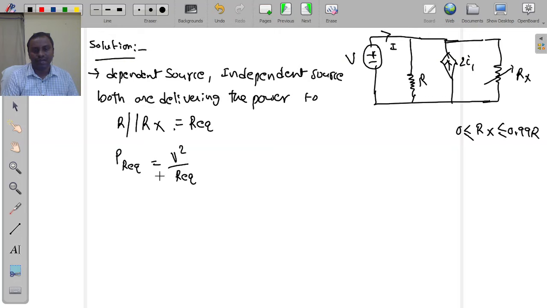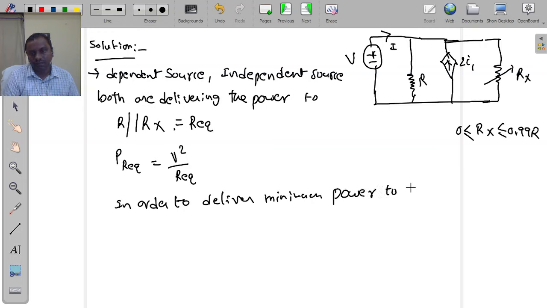Now this power has to be minimum, which means R equivalent has to be maximum in order to deliver minimum power to R equivalent.